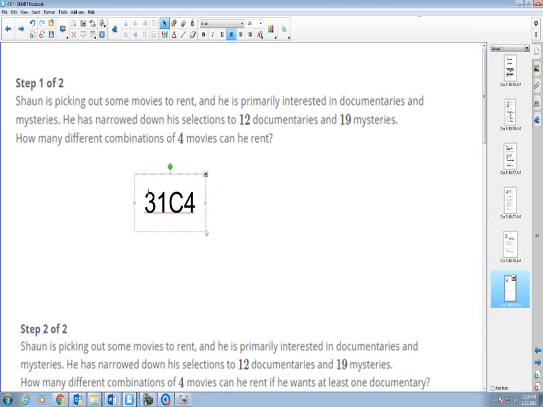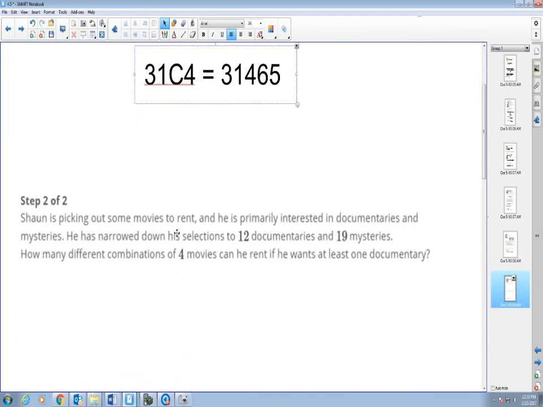The problem does not say which one I have to pick first. So 31 choosing 4, that will give me 31,465 different combinations. So this number will be the total number of ways, okay, we can select 4 movies.